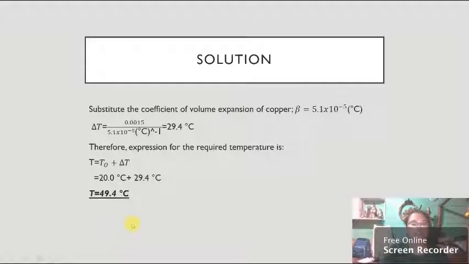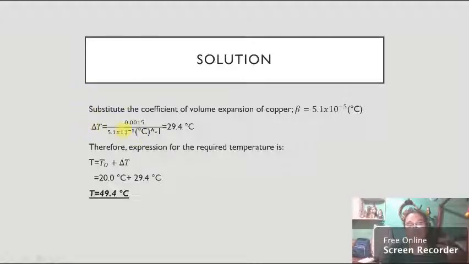Then after that, we're going to substitute the coefficient of volume expansion of copper, which is 5.1 times 10 raised to negative 5 per degrees Celsius. So we're going to plug it in our equation.